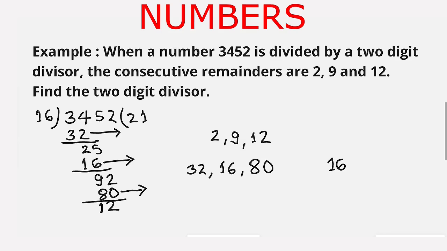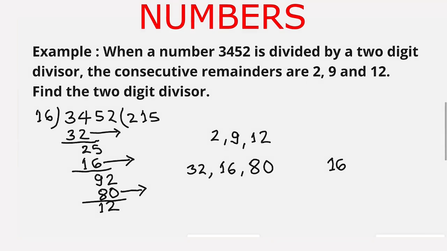We carry 2 from above and the number becomes 92. Now 16 times 5 is 80, and on subtracting 80 from 92 we get the remainder 12. So these are consecutive remainders 2, 9 and 12. And this way we can find a two-digit divisor.